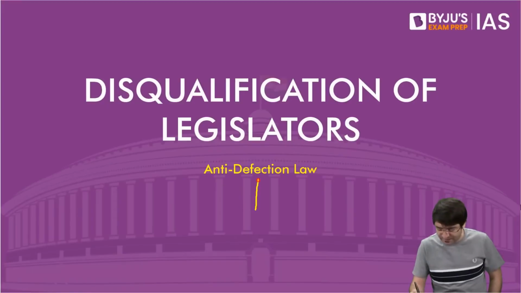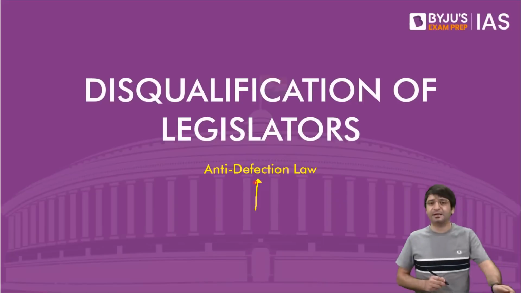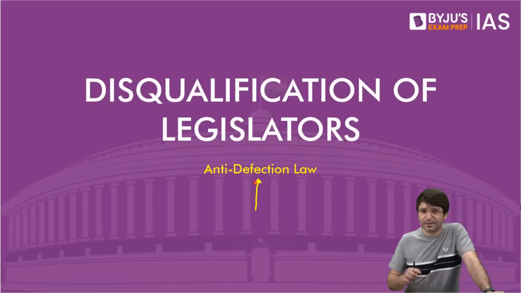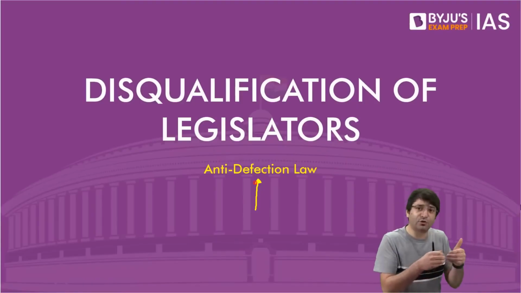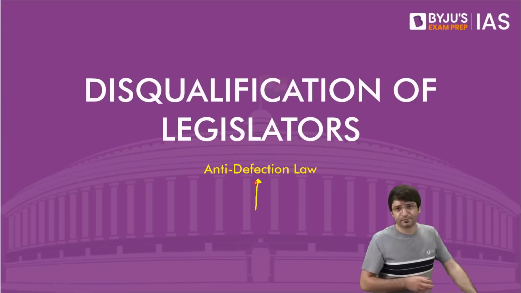Disqualification of legislators under anti-defection law. First, you have to be qualified in order to contest elections. For that, we have the qualifications. And later, once you're elected, you should not also come under disqualification.